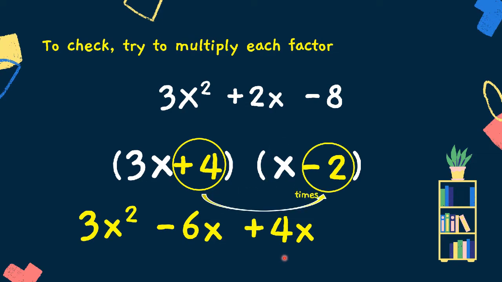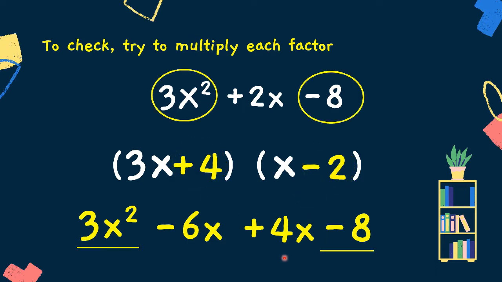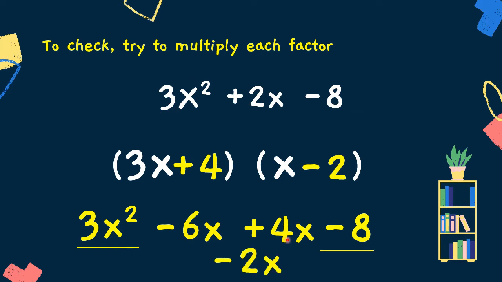And positive 4 times negative 2 is equal to negative 8. Notice that the first term matches our given polynomial, and also the last term. Now we will combine like terms: negative 6x plus 4x gives us negative 2x. Notice that it is not equal to the second term of our given polynomial. Therefore, these are not the factors that we are looking for.